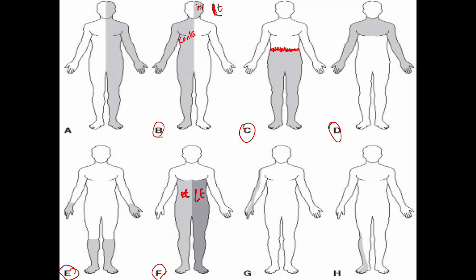How does that happen? It happens by understanding the anatomy. If you remember, we told you that crude touch, pain and temperature decussates at the level of the spinal cord, while the discriminative touch would decussate at the level of the medulla.